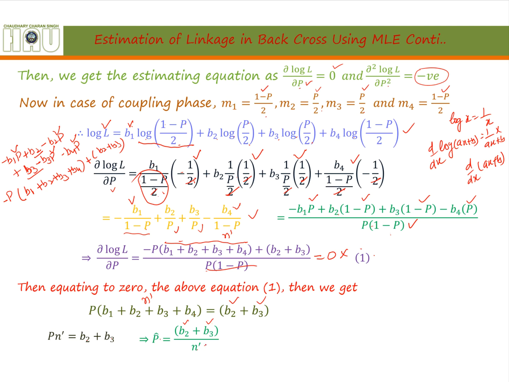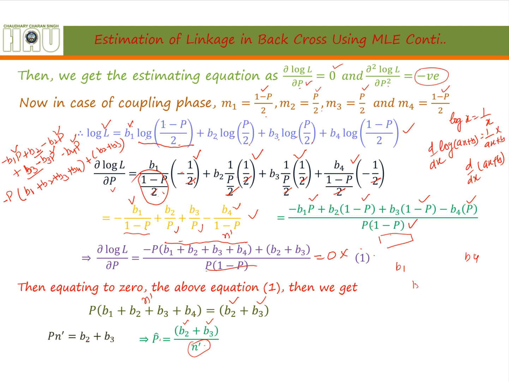Now in the coupling phase, remember the middle two classes are recombinant type and we are estimating recombinant fractions. So the recombinant fraction depends upon the observed number of recombinants divided by the total number, which is the definition. Similarly, in the repulsive phase, my recombinant observed values are B1 and B4.